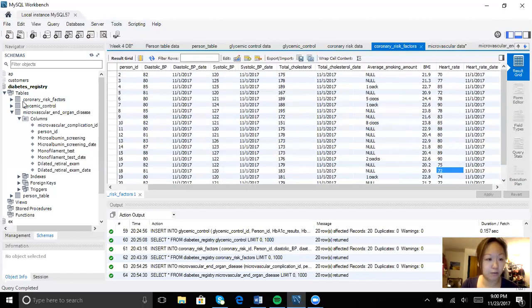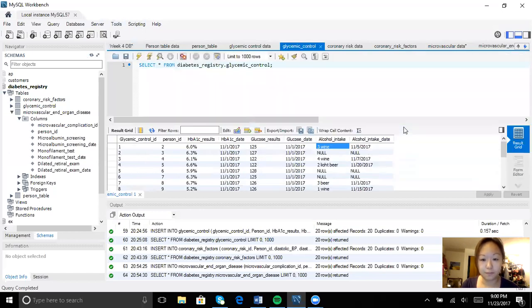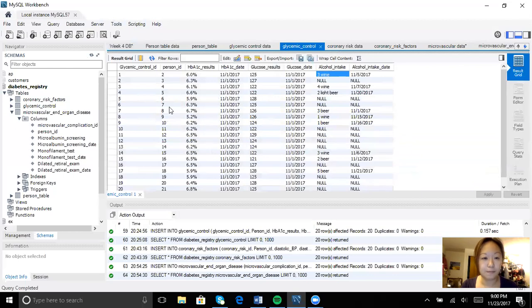Next, we have glycemic control. Let's move this up. I also had the primary key be the glycemic control ID, and then person ID I entered. And then we have the results of their labs, HbA1c results and the date, glucose results, and alcohol intake and the date that they consumed that alcohol.